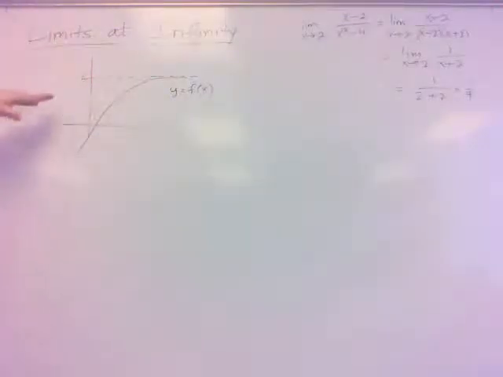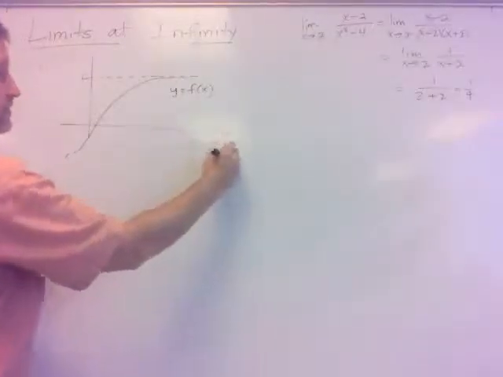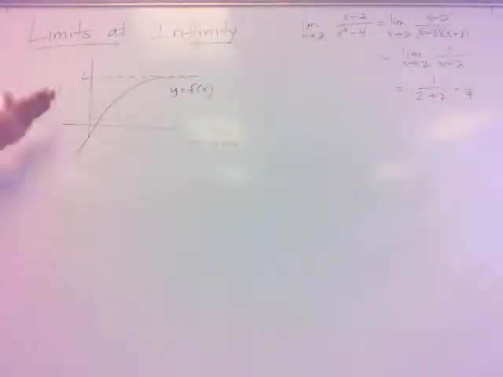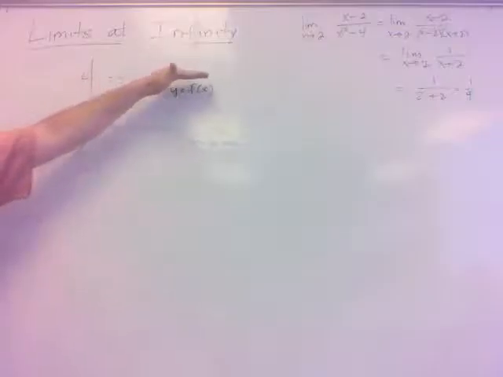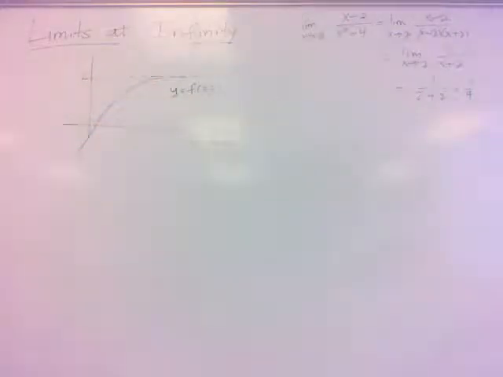Well, limits at infinity are interested in what happens as x goes to infinity, either positive infinity or negative infinity. So as x goes to infinity, we're talking about out here, right? We're interested in what happens to the graph as you go further and further out to infinity. What happens on number 1 as x goes out to infinity?